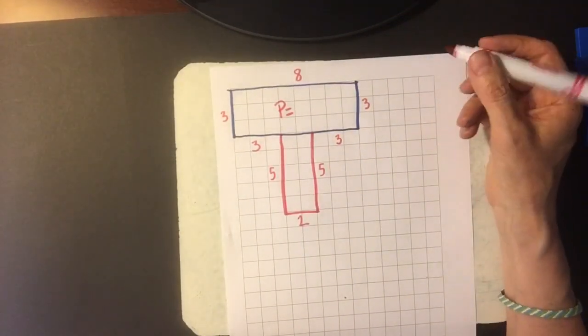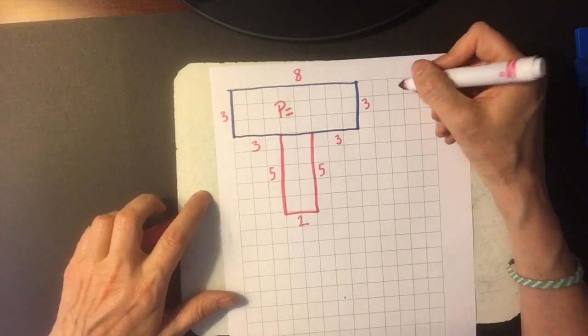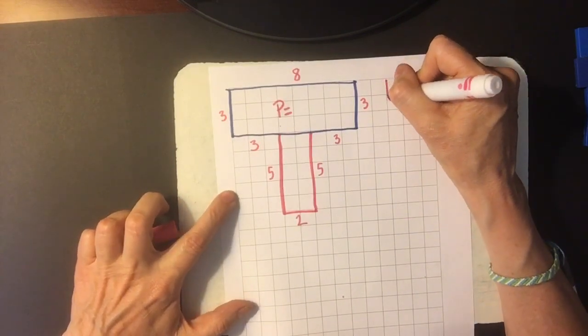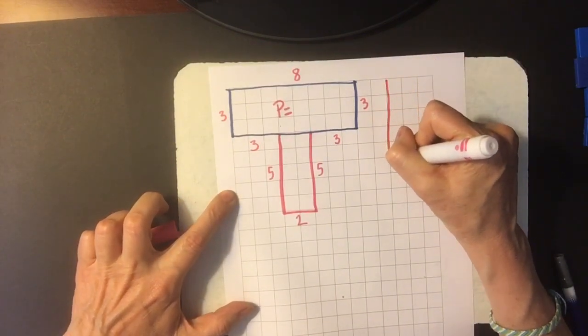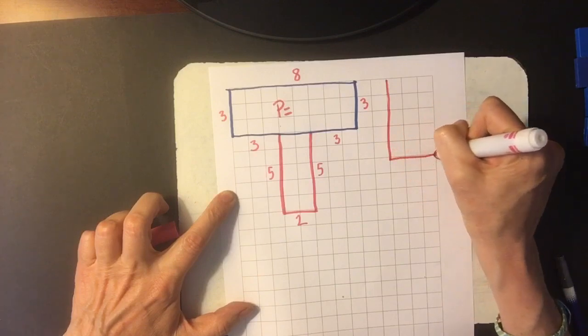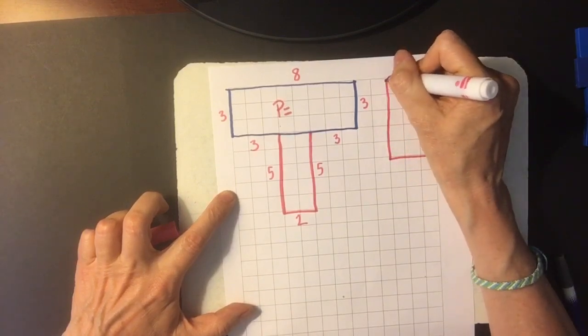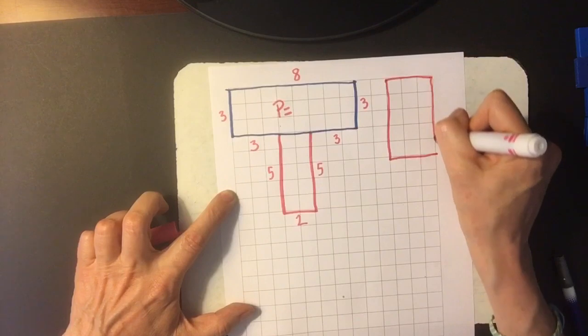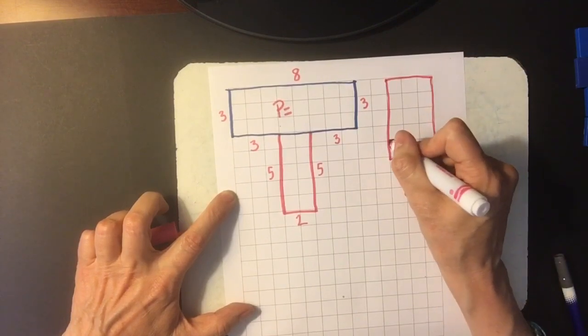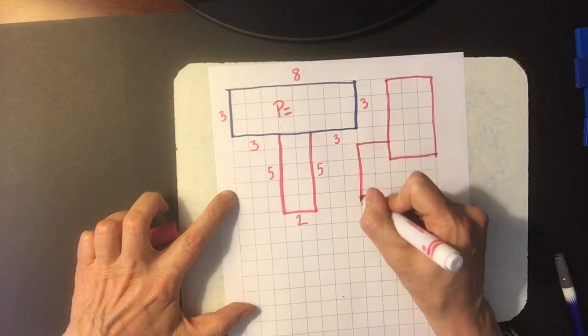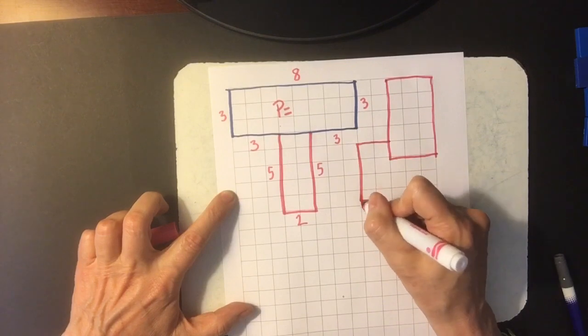Once you've done one, I want you to do another one. So this time you might do something that looks like this. And I'm going to kind of move over into here like this. Whoops.